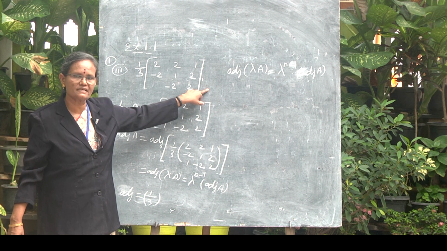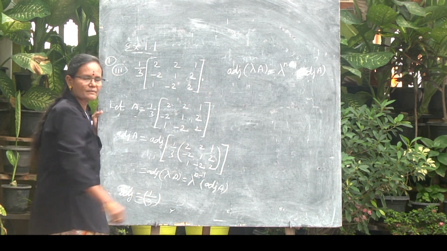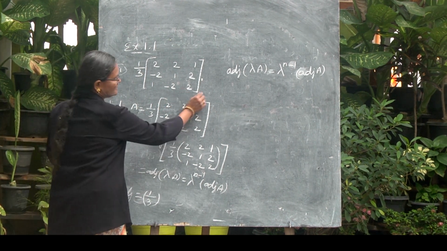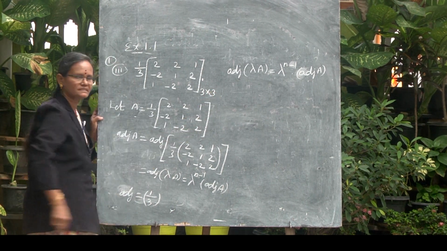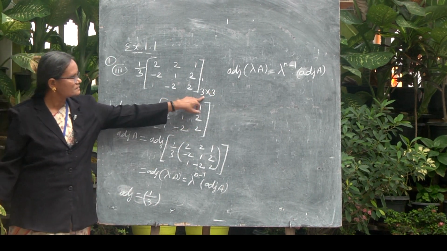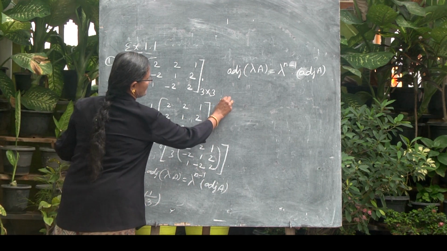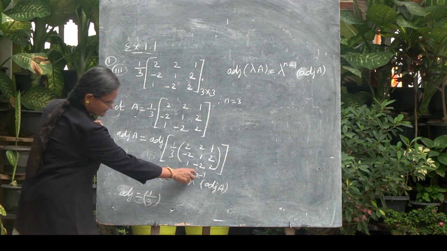What is the order of the matrix? First we denote the number of rows, after that the number of columns. How many rows are here? 3. The number of columns is also 3. That is 3 by 3. The order of the matrix is 3 by 3, so n is equal to 3. Substitute the value of n here.